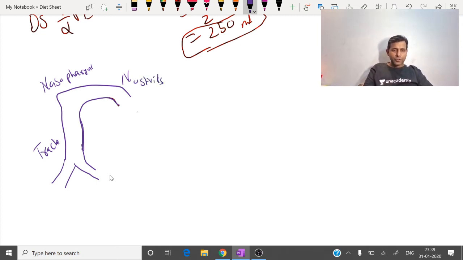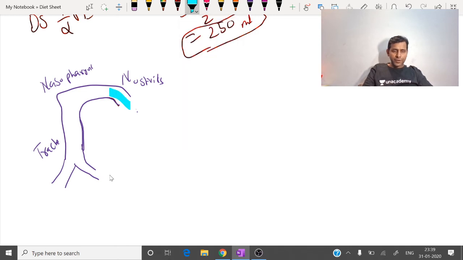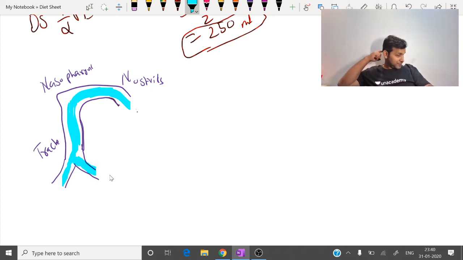So when you breathe from nostrils, all the air comes from the nostrils, goes to the nasopharyngeal area, goes to the trachea, and from the trachea it goes to the right and left bronchi.